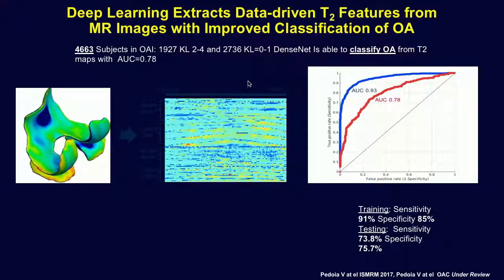Here's another example where deep learning extracts the data-driven T2 features from the MR images with an improved classification of OA. So what they've done is taken a lot of subjects from the OAI, classified them based on their X-ray osteoarthritis grade, and then looked at the ability to classify OA from the T2 maps, and they're able to improve the area under the curve here to 0.78 in this case.